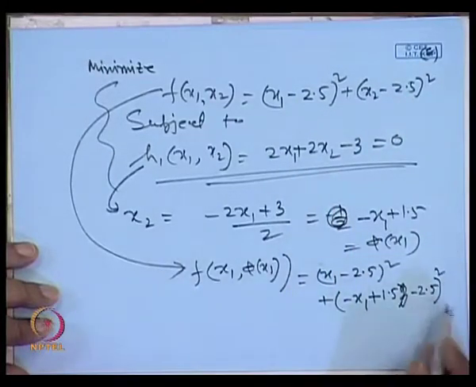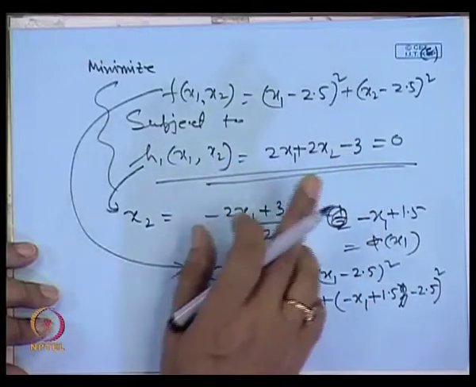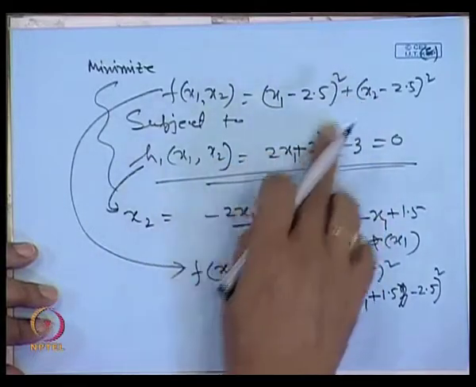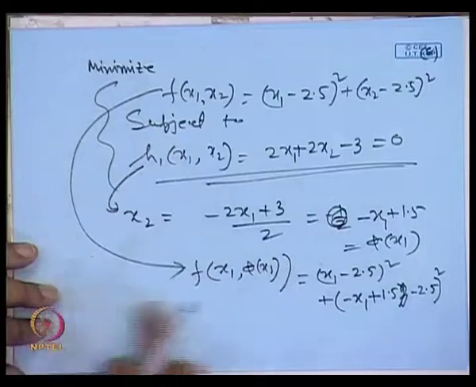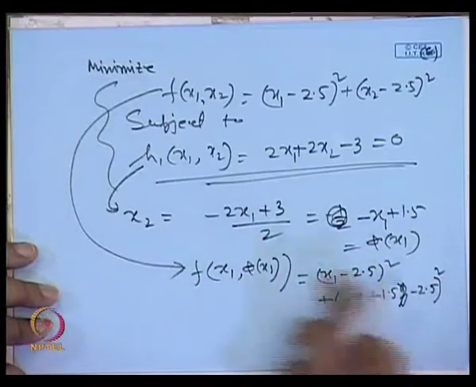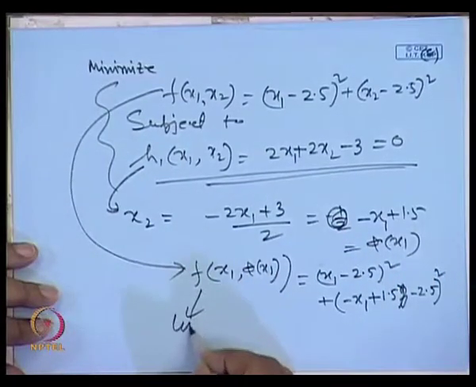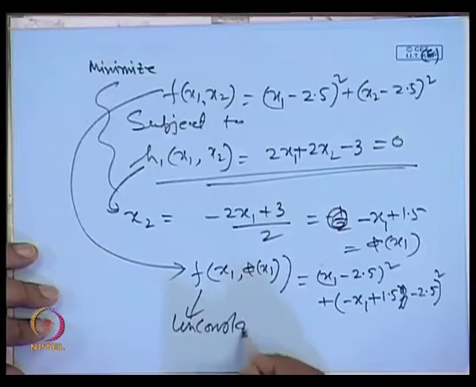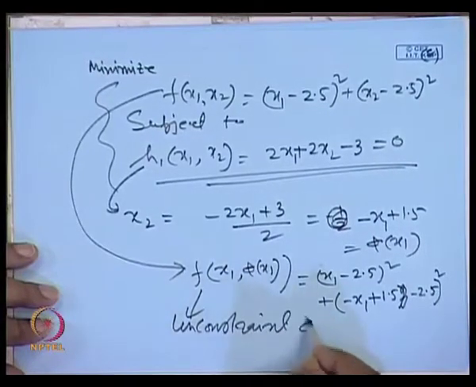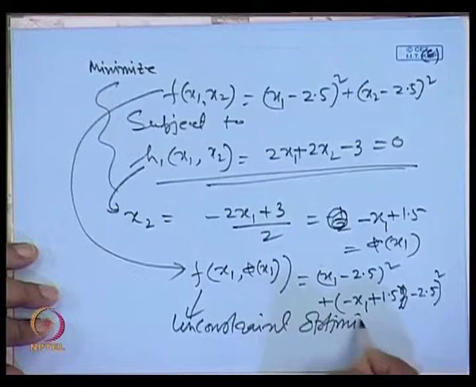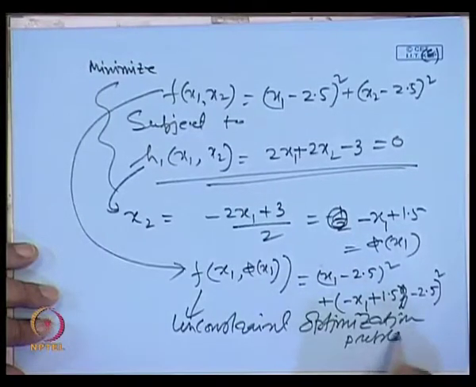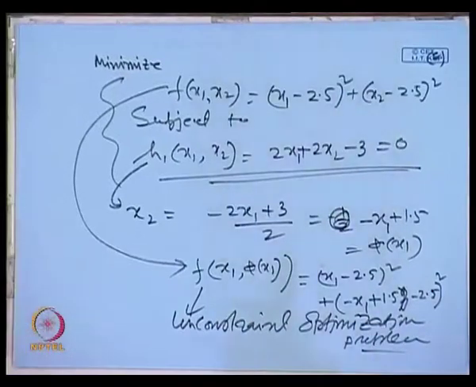Now, you see, I have forced the equality constraint into the objective function. So now it has become an unconstrained optimization problem, which we can solve as we have discussed earlier.